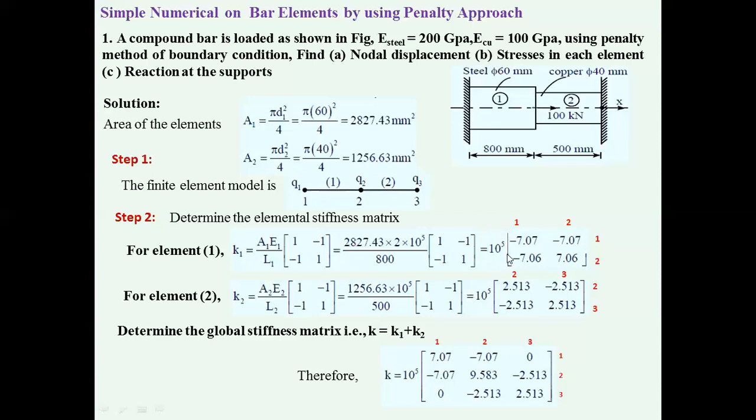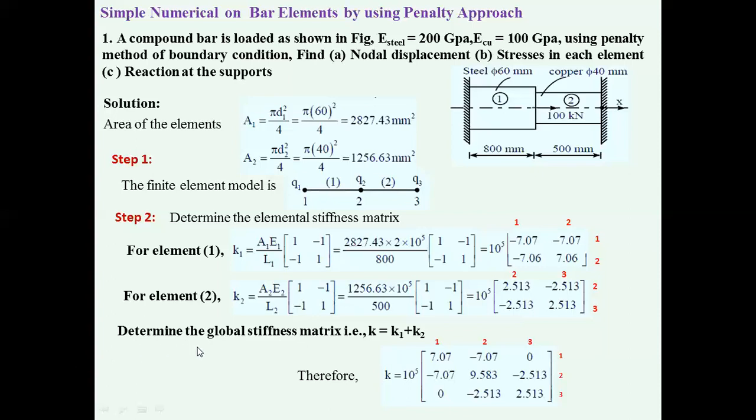I already removed 10 to the power of 5 outside in the first element, so the same number you remove here also. So 10 to the power of 5 times 2.513, minus 2.513, minus 2.513, 2.513. Element 2 consists of node numbers 2, 3, so represent here 2, 3, 2, 3. This will help to find the global stiffness matrix.